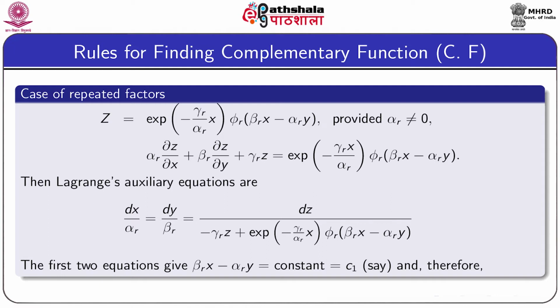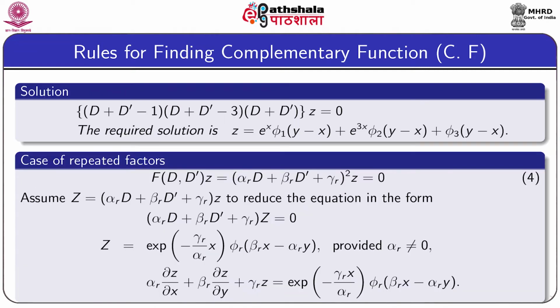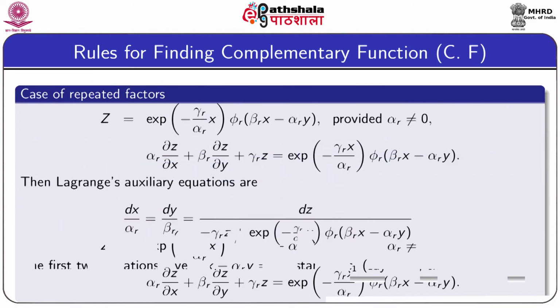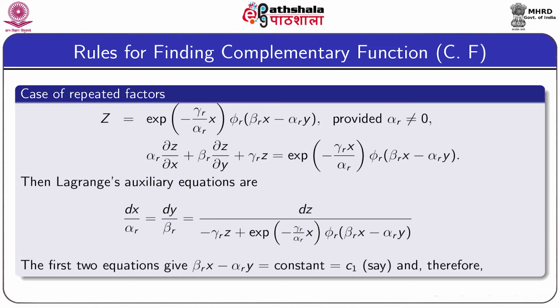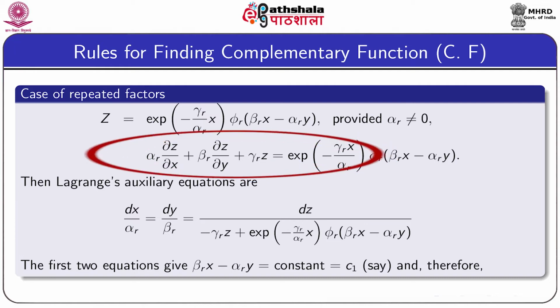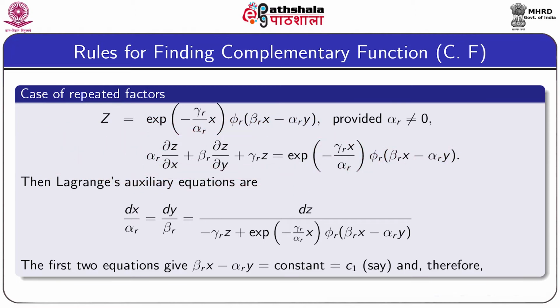Now, this capital Z we have assumed as alpha r d plus beta r d dash plus gamma r into z. So, putting this value of capital Z, we obtain the equation alpha r del z del x plus beta r del z del y plus gamma r z equals some function of x and y, which is written on the right side.